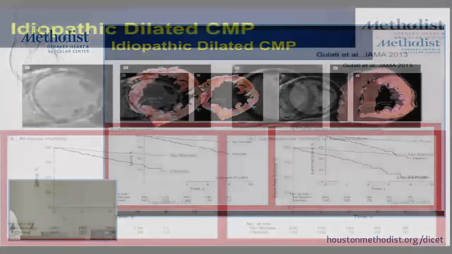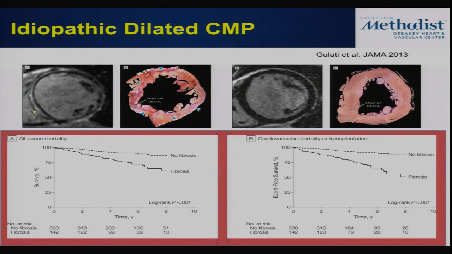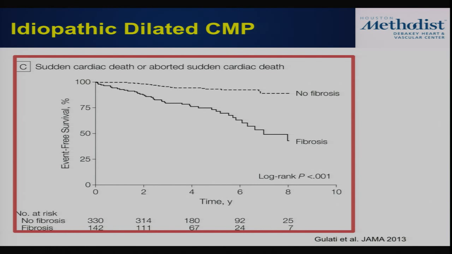This is a marker of a more advanced, more significant non-ischemic idiopathic cardiomyopathy. In this study out of England, they found that those patients with idiopathic dilated cardiomyopathy who had evidence of fibrosis had worse all-cause mortality as well as worse cardiovascular mortality or need for heart transplantation. The incidence of sudden cardiac death was also worse in this group.